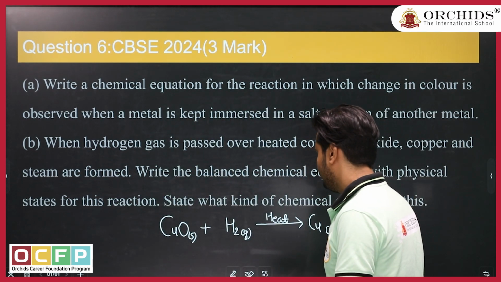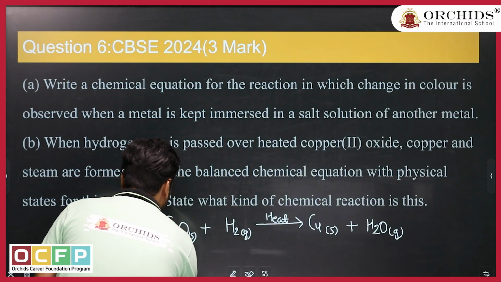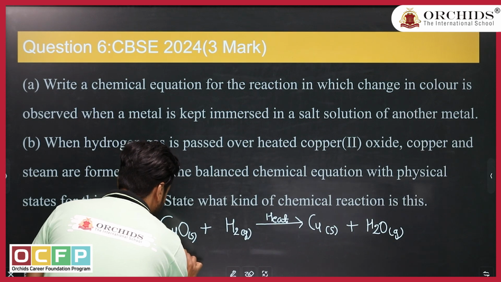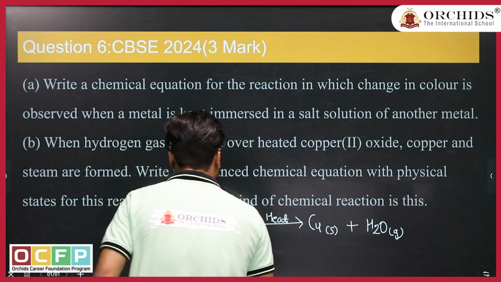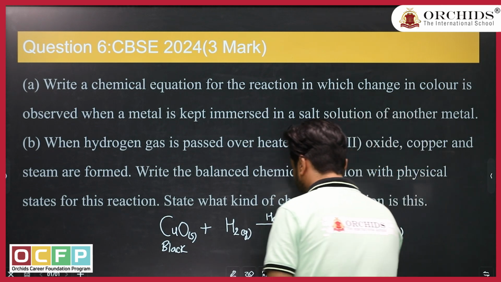Now, the original color of copper 2 oxide is black. And when it reacts with hydrogen gas, it converts to brown.